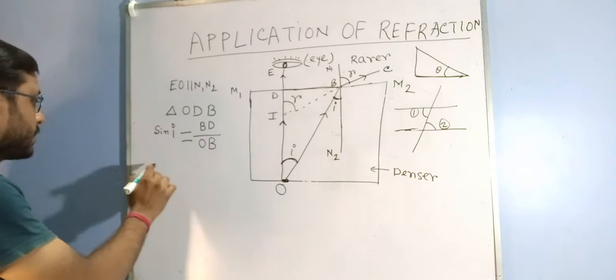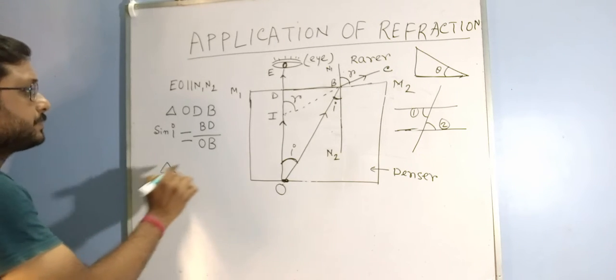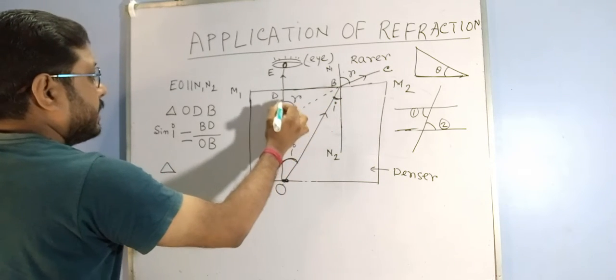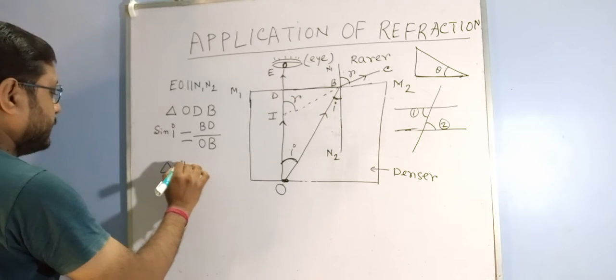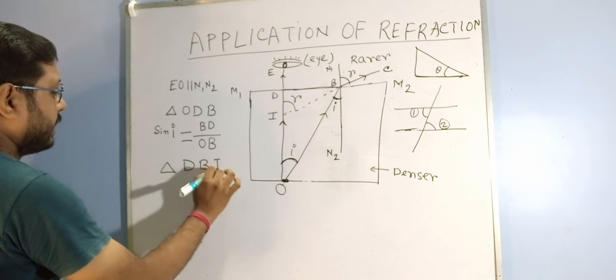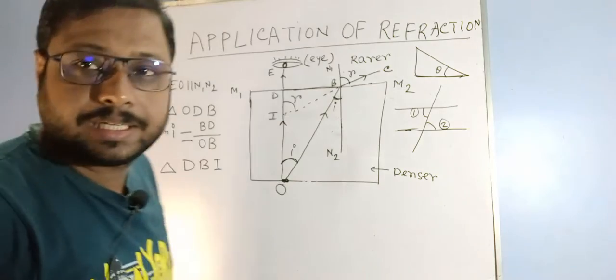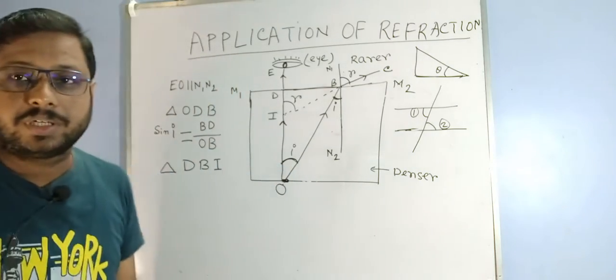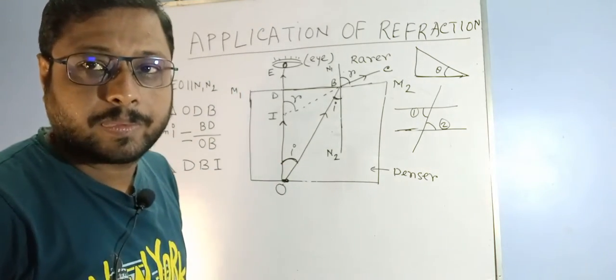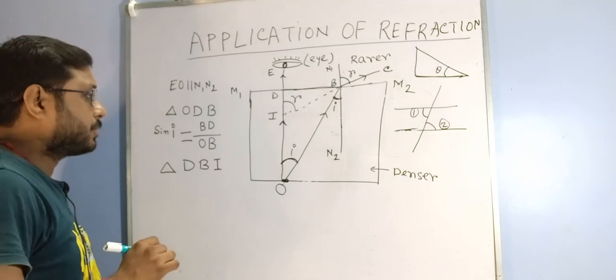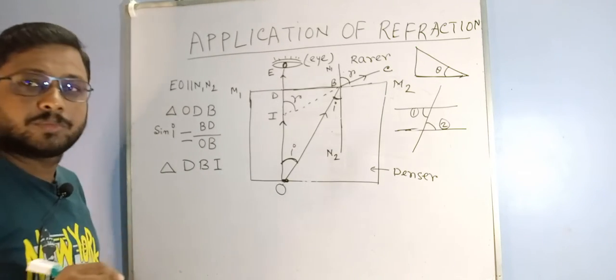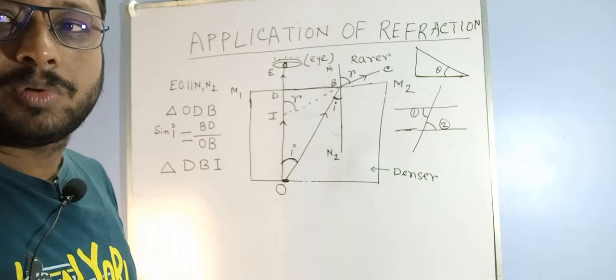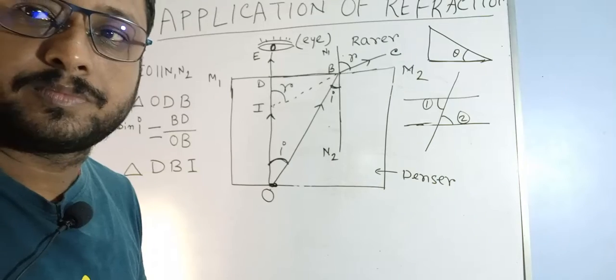Again, for this small triangle DBI, what we can get from this triangle DBI?